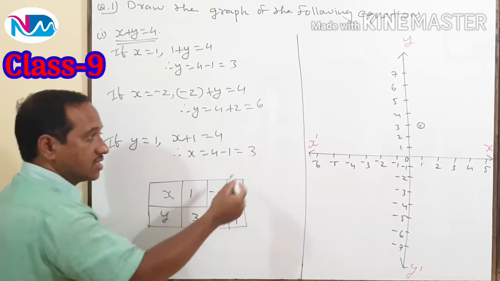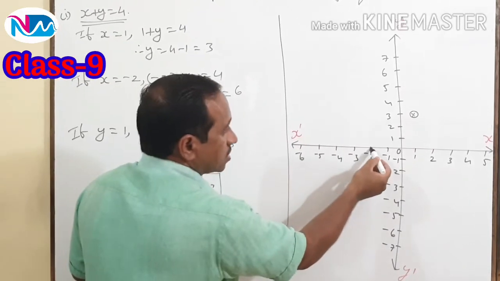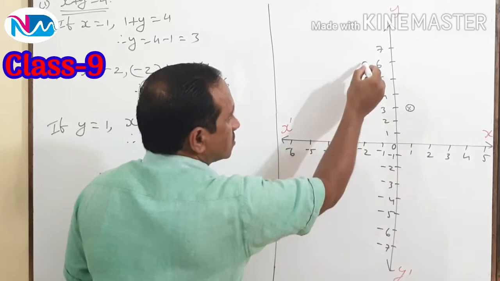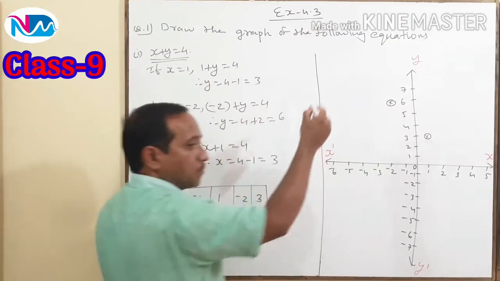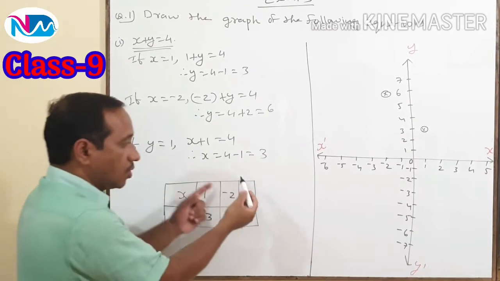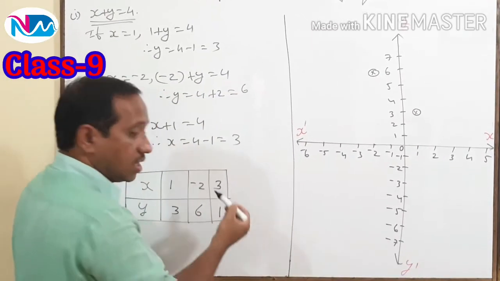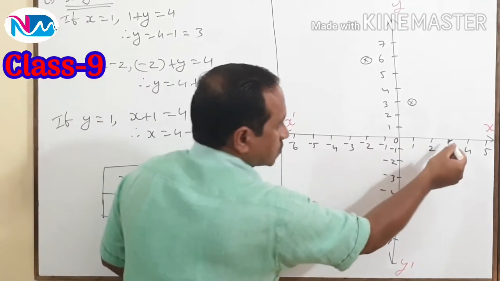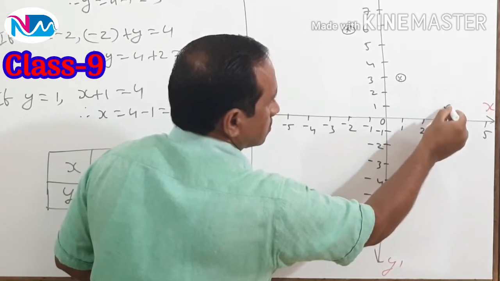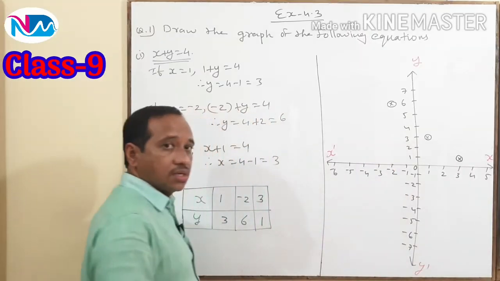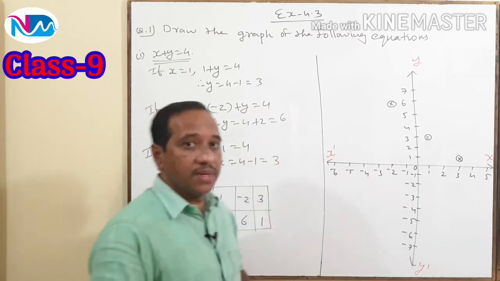That is, x coordinate is minus 2, y coordinate is 6. It is approximately here. And the third point is 3, 1. That is, x coordinate 3 and y coordinate 1. It is somewhere here. So here I have plotted the 3 points in the Cartesian plane.